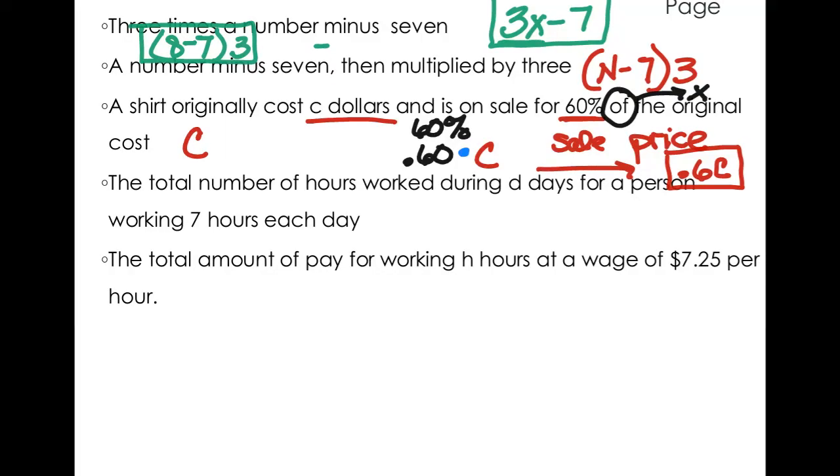Ooh. The total number of hours worked during D number of days for a person who works 7 hours each day. 7 hours each day for D number of days. What is that total?